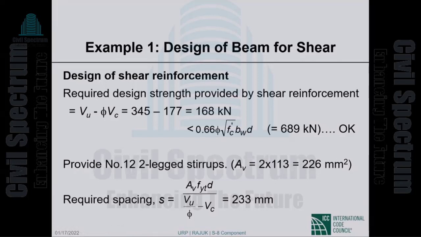So if we go for 12 millimeter two-legged stirrups, two legs have a total cross-sectional area of 226 square millimeters. The spacing comes out to 233 millimeters from this expression. Okay, 233 millimeters.